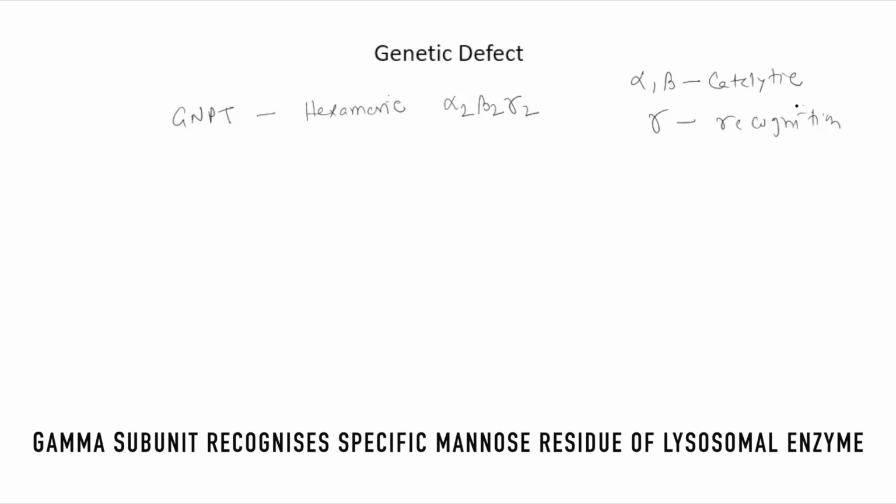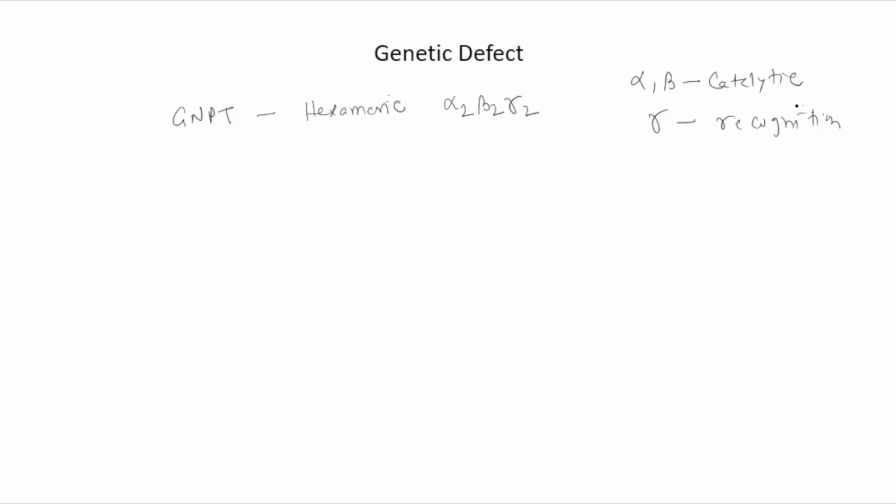Out of these 6 subunits, alpha and beta are products of one gene and gamma is a product of another gene. We will call one gene GNPT AB and the other GNPT G. From GNPT AB we get alpha and beta polypeptides and from GNPT G we get the gamma subunits.